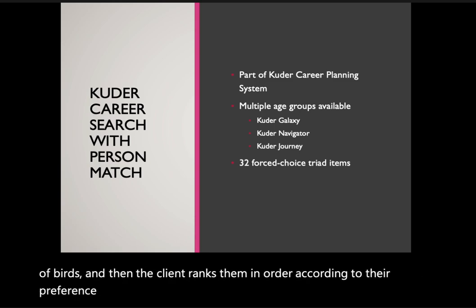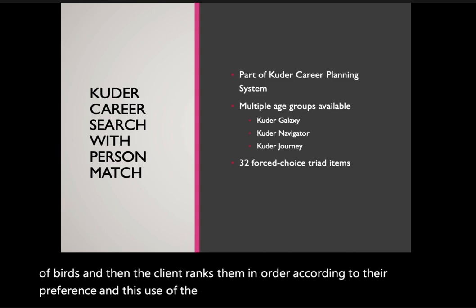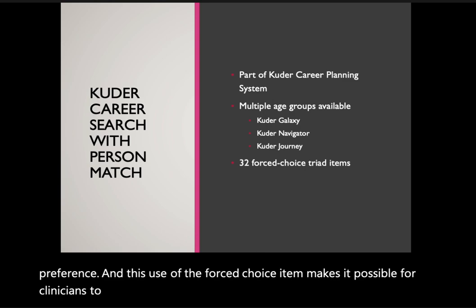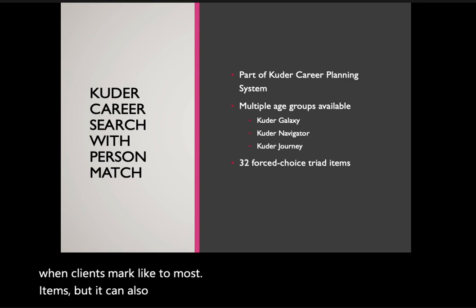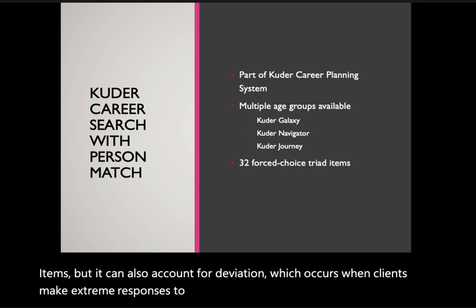This use of the forced-choice item makes it possible for clinicians to control for response styles such as acquiescence, which is when clients mark like to most items, but it can also account for deviation, which occurs when clients make extreme responses to most items.